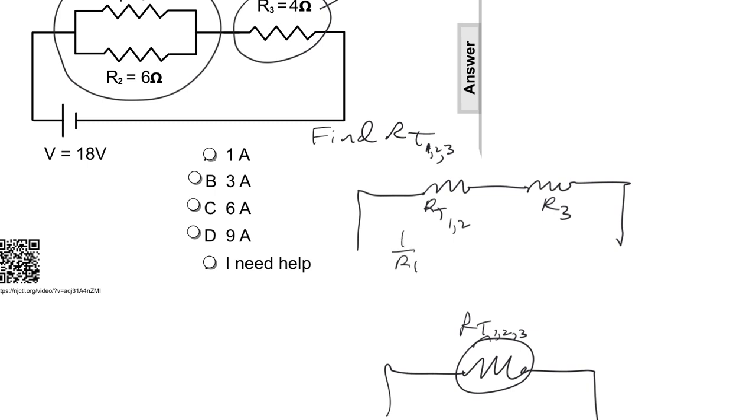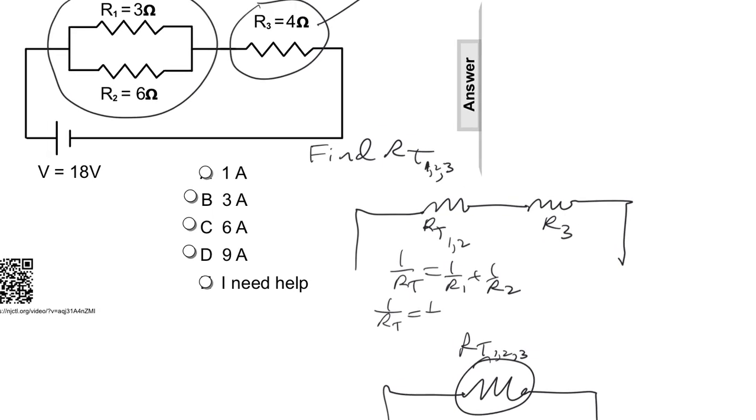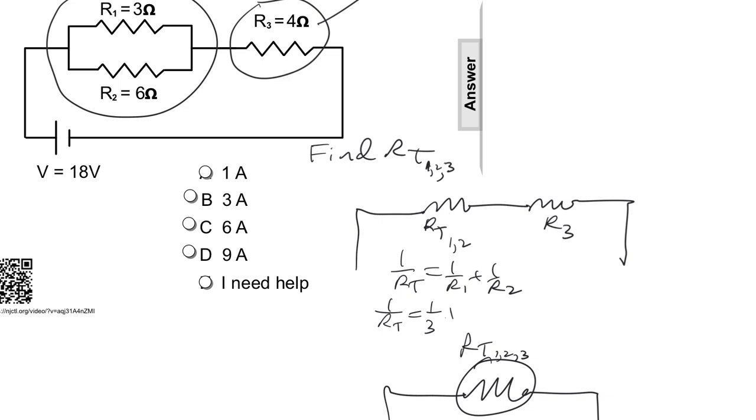1 over RT equals 1 over R1 plus 1 over R2. So 1 over RT equals 1 over 3 plus 1 over 6.